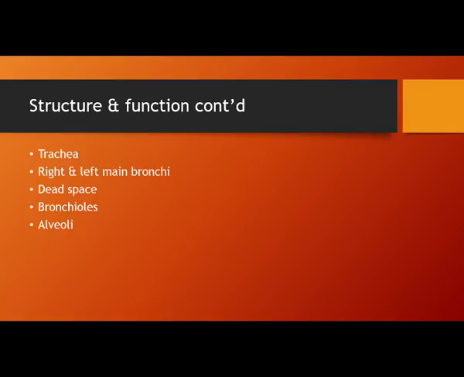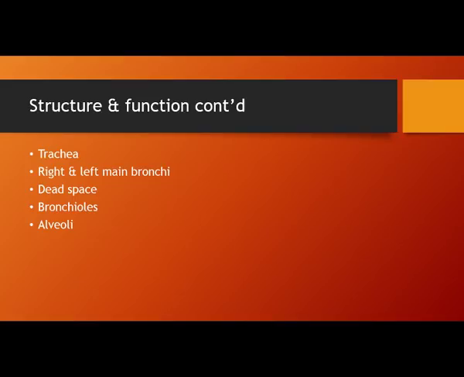There's a difference in the configuration of those, in that the right main bronchus is straighter than the left, so that has implications for where things are likely to go when you aspirate and things like that.